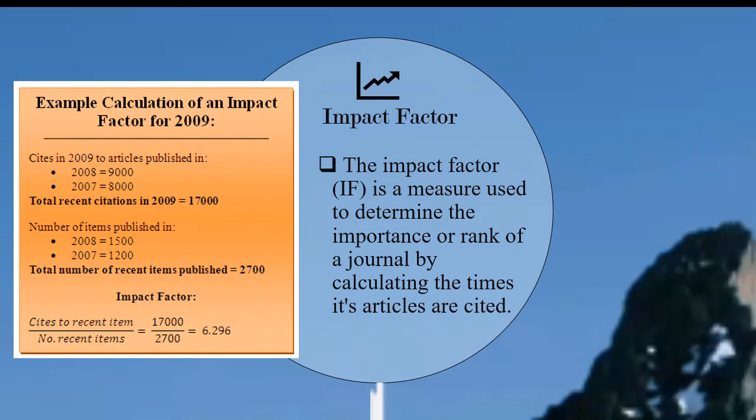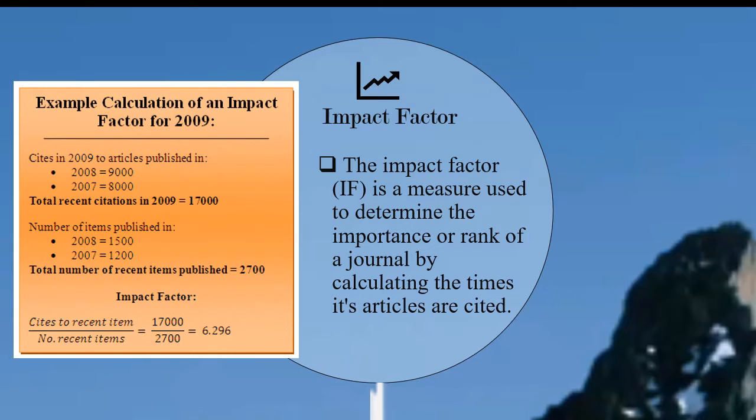For example, to calculate an impact factor of a particular journal for 2009, the considerable 2 years is the previous 2 years, that is 2008 and 2007. So the total number of citations in these 2 years is 17,000. And the total number of publications, that is the recent items published in 2 years, is 2,700.